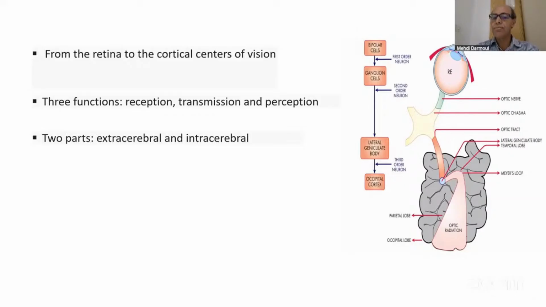The first neuron is the bipolar cell, then the second is the ganglion cell, then the third neuron is in the lateral geniculate body, which projects to the visual cortex in the occipital lobe.